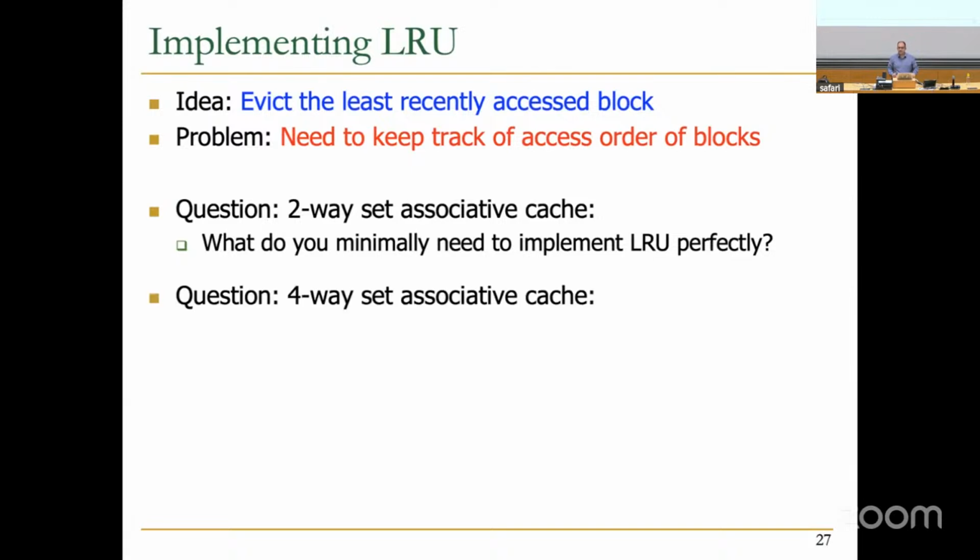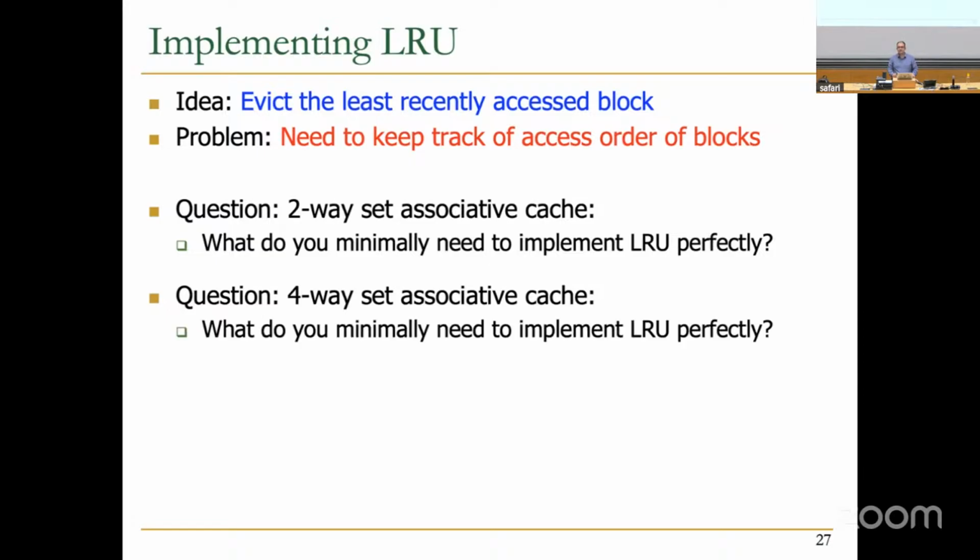But how about 4-way set-associative? I'm asking the same question. No, it's not 2. No, what's your logic to get 4? Essentially you need to count the number of possibilities.